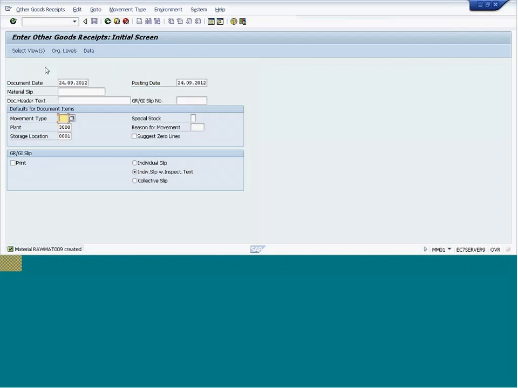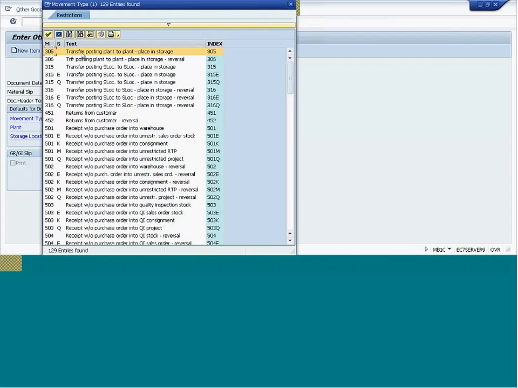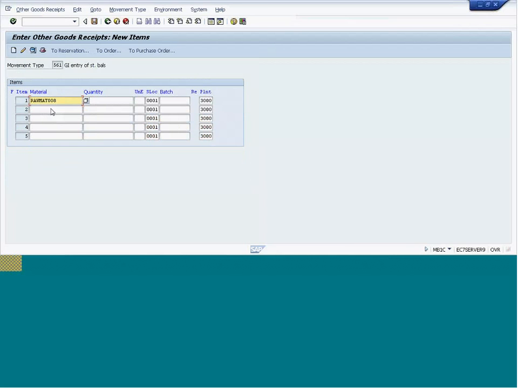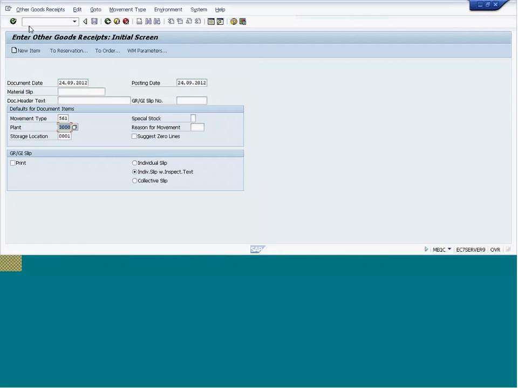So MB1C goods receipt, one more time I'm doing that. Not 10, 20. 561, sorry. So raw material 9 and 10 quantity, obviously. Now let us take as it is and go and see MB03.